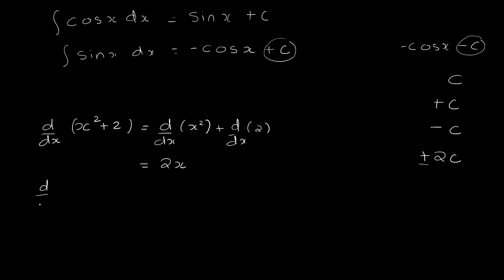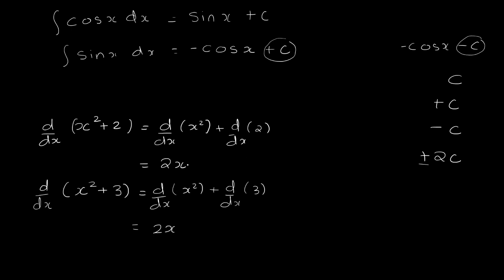If you take d by dx of x square plus 3, it will again be d by dx of x square plus d by dx of 3, that is 2x.